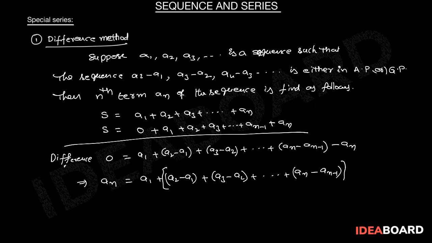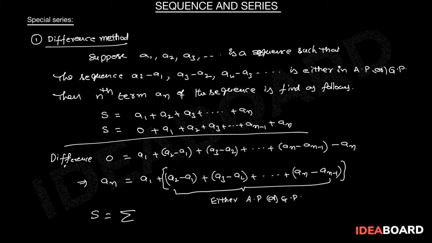Here these terms are in either AP or GP. So we will find the nth term of the series using the AP concept or GP concept. Then S equal to sigma ak, k equal to 1 to n.